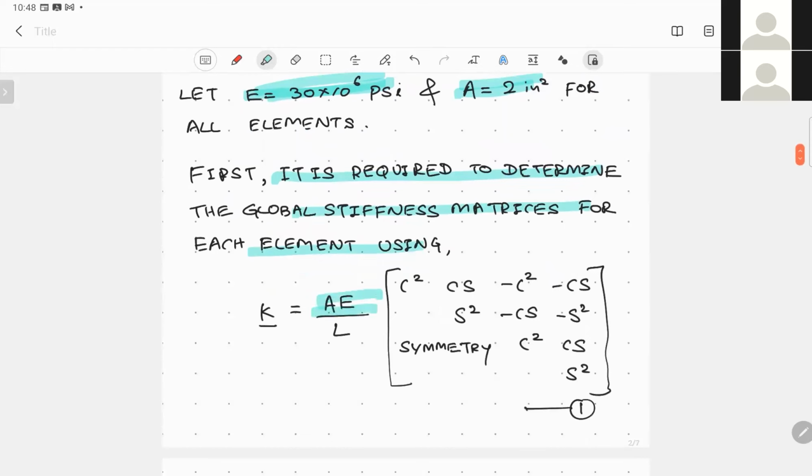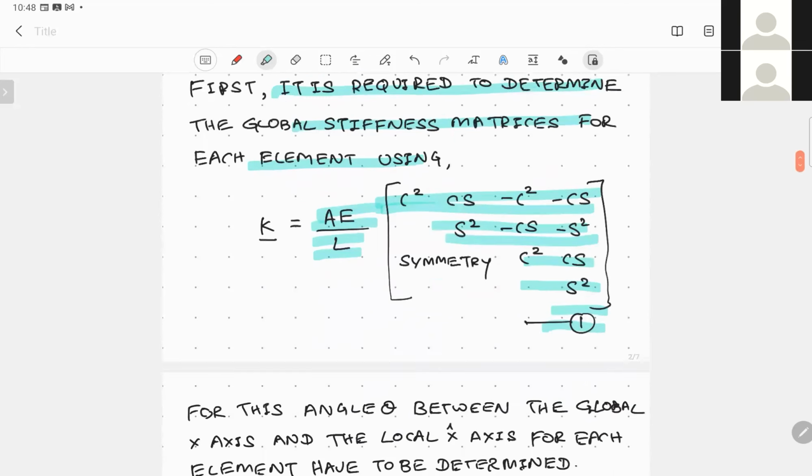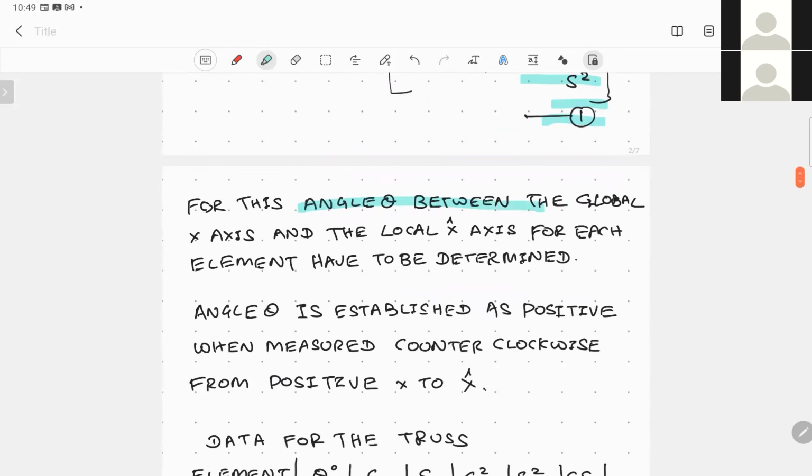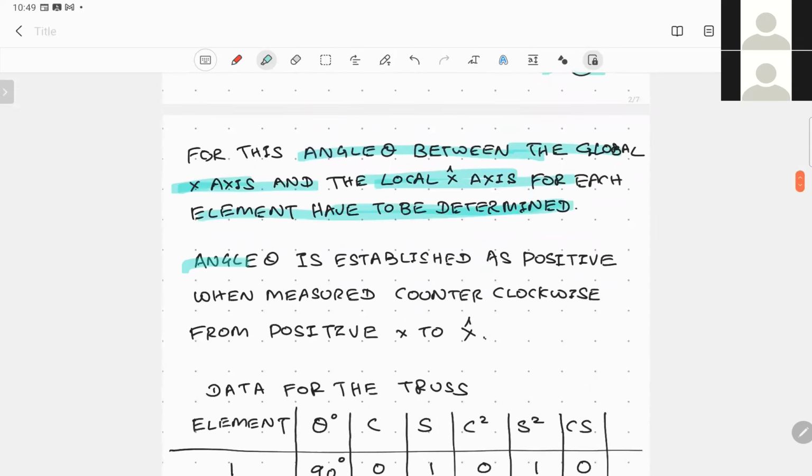For this, we will be using the equation which we just derived, the symmetric equation, which is nothing but an expression using the geometries or using the angle of rotation. So for each element, let's consider the angle between the global x-axis and the local x-axis for each element to be theta. Whenever the local coordinate system has an anti-clockwise rotation, we consider it to be a positive angle.